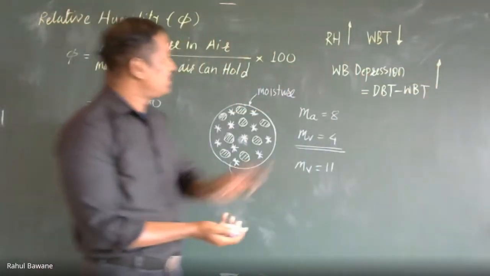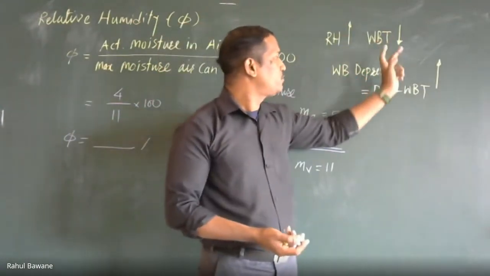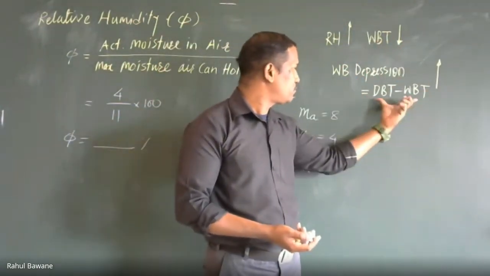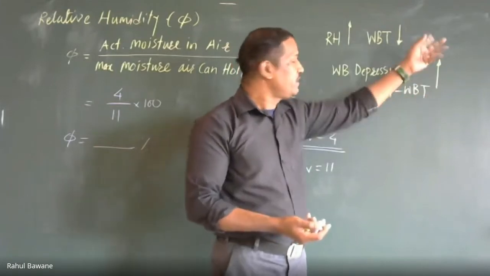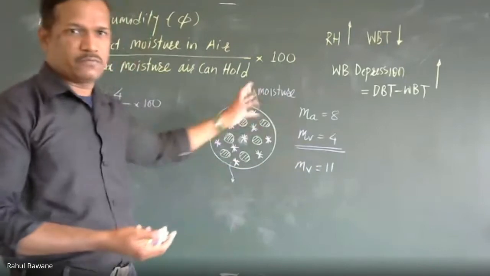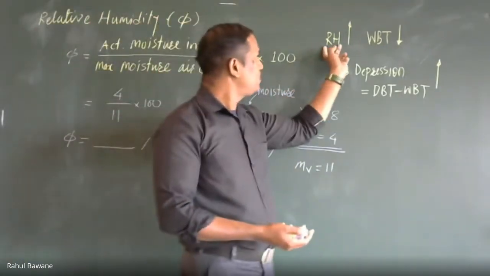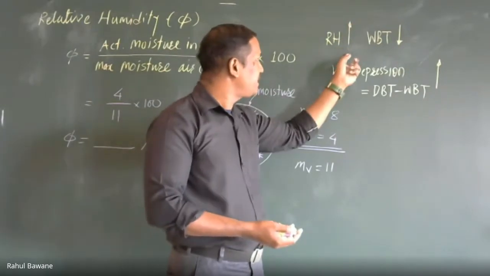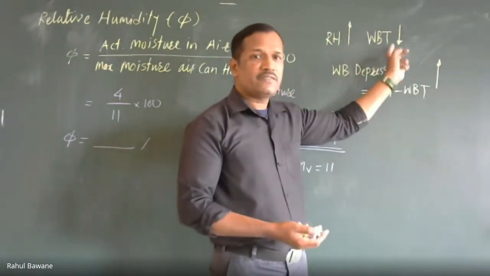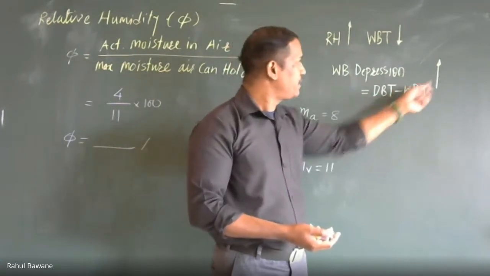So remember these things. Relative humidity increases, wet bulb temperature reduces. If wet bulb temperature reduces, this difference will increase. Many times oral exams ask such kinds of questions. You can reverse this also. If relative humidity is decreased, wet bulb temperature will increase, and the wet bulb depression will decrease.